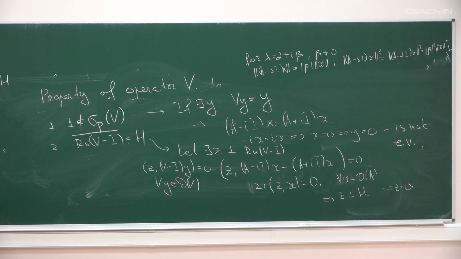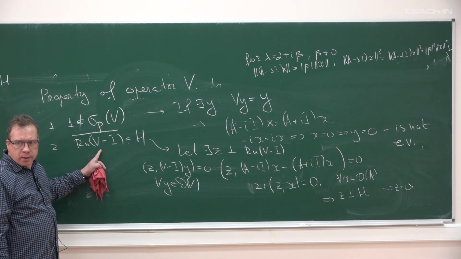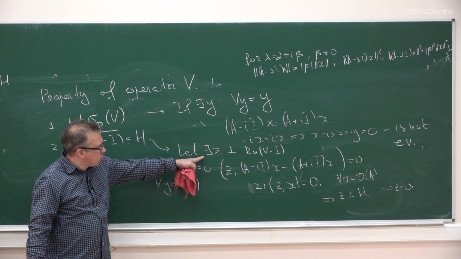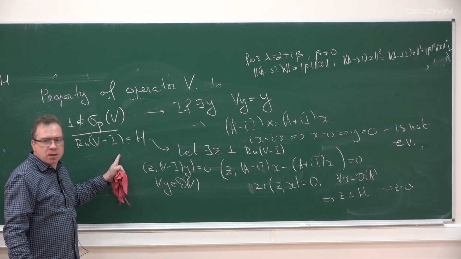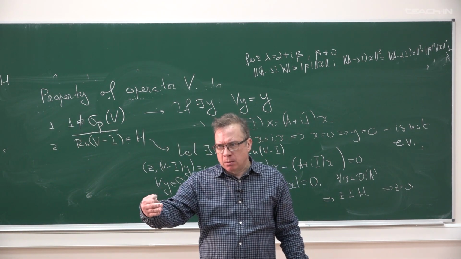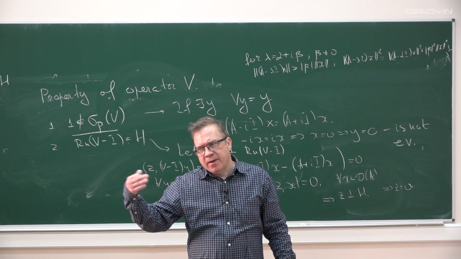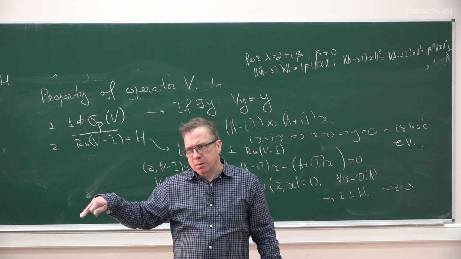Can you repeat this again? We prove that the range of this operator is dense. I suppose that there exists some vector orthogonal. If it is not dense, then the closure is some non-trivial subspace. There must exist a non-zero vector which is orthogonal to this subspace.